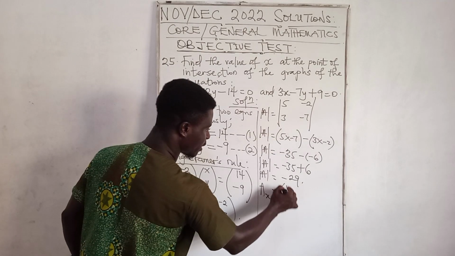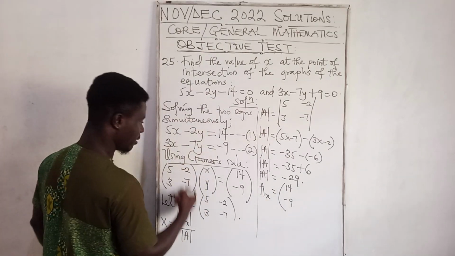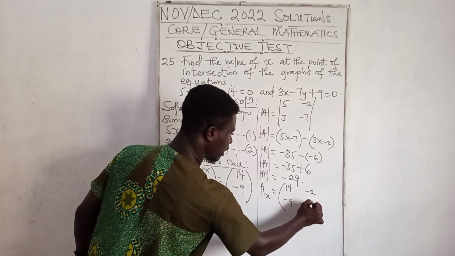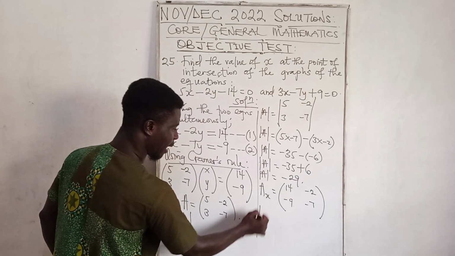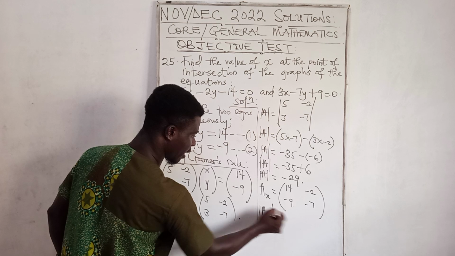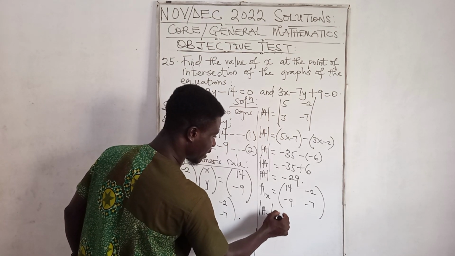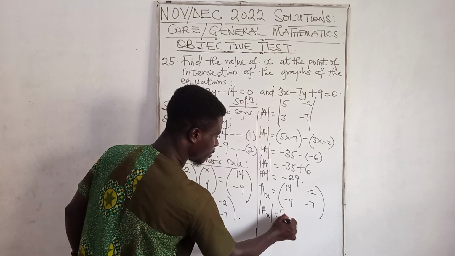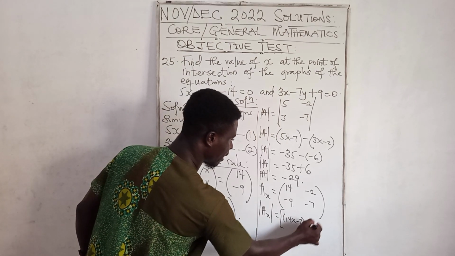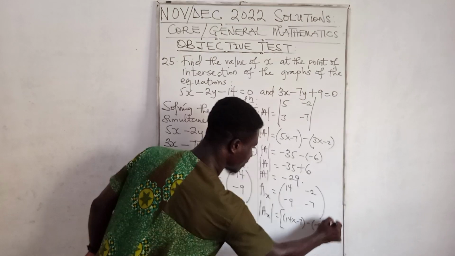So I'll get 14, negative 9, then negative 2, negative 7. Then I have to find the determinant of Ax, which must be 14 times negative 7 minus negative 9 times negative 2.